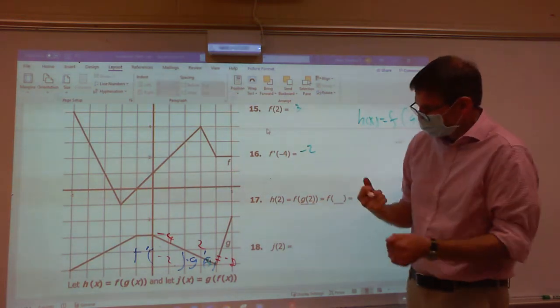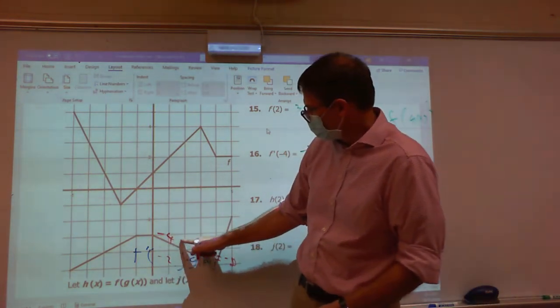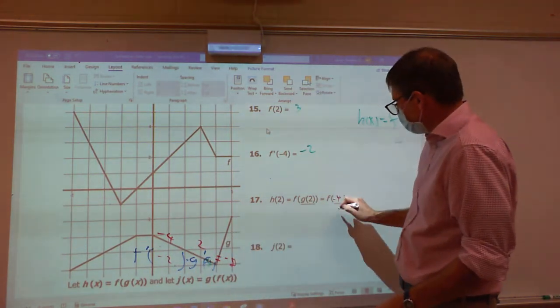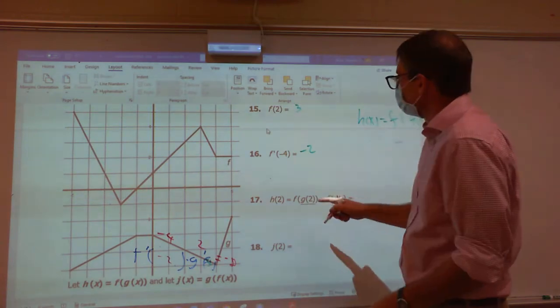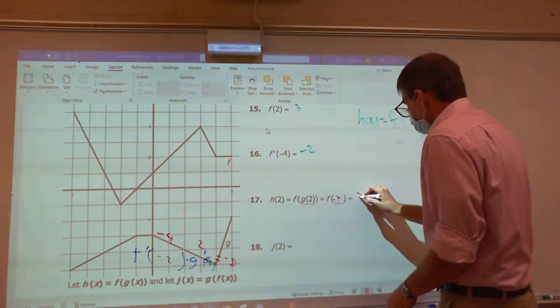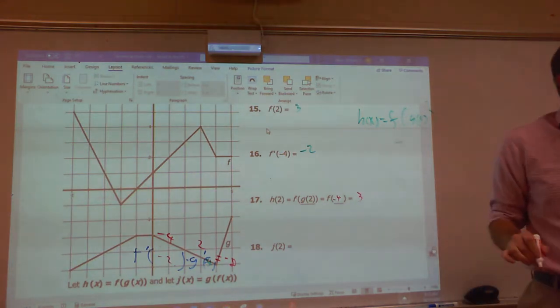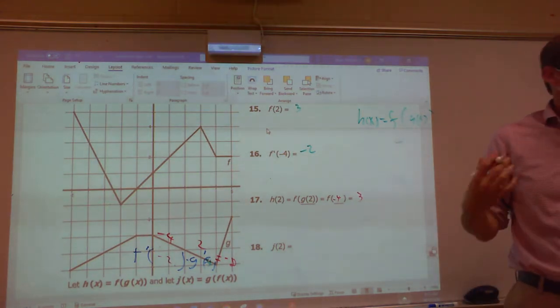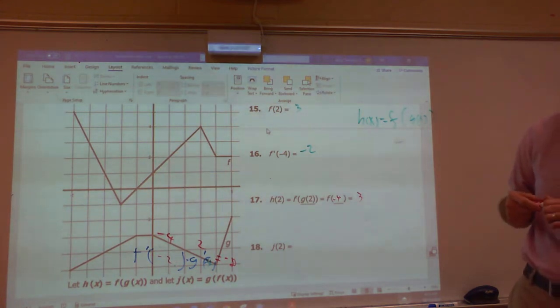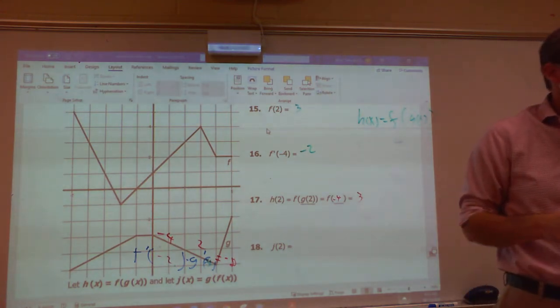Let's see. g of 2 is here, and it looks to be negative 4. And then f of negative 4, I've already computed. f of negative 4 is up here, so that's going to give me a 3. This is composition of functions. This is algebra 2, maybe pre-cal. I don't know if I would have asked this in an algebra 2 class, but I definitely would have asked it in a pre-cal class.